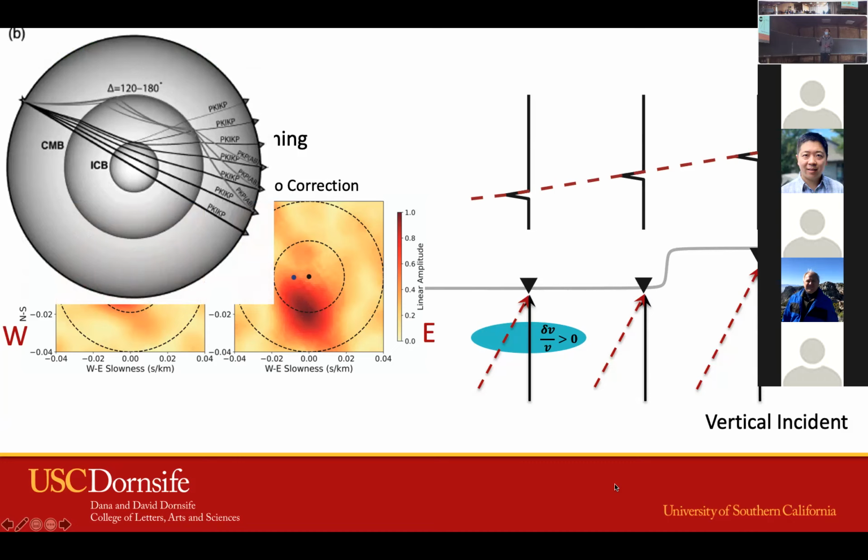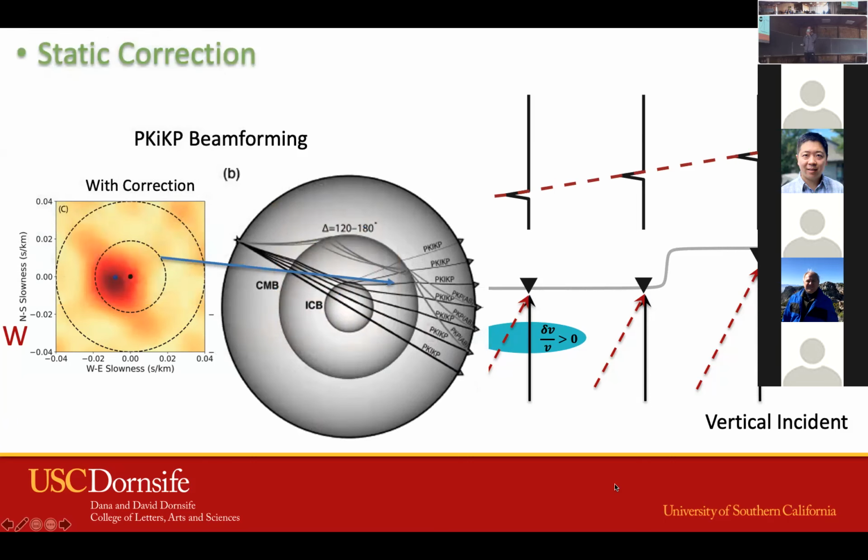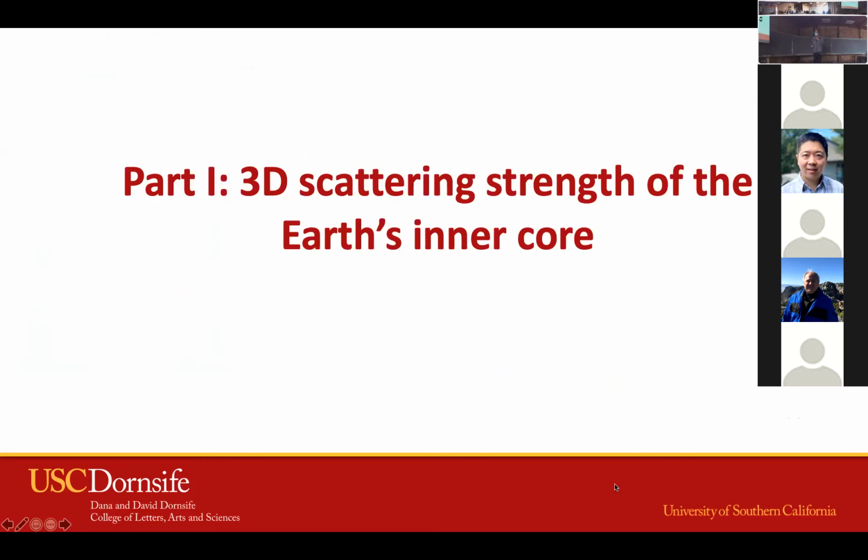The large circle indicates the grazing slowness of the outer core, which means the outer core energy should come from between the two circles, like this one. So here I will introduce our study on the 3D inner core scattering structure.